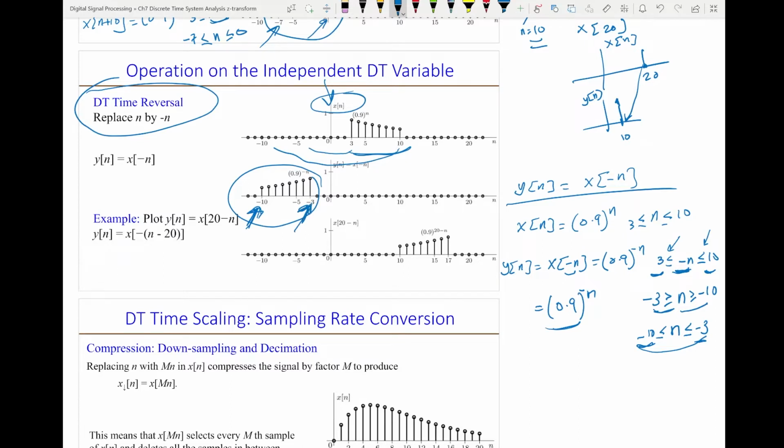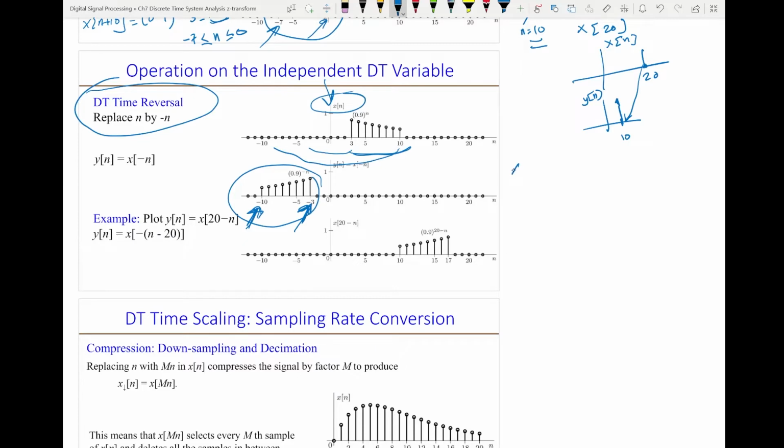Now we may have operations that involve shifting and time reversal. Let's clean up first. So I have the signal x of n. And now I need to create this signal. There are different ways of doing this. To get to this signal, I can first find x of minus n.